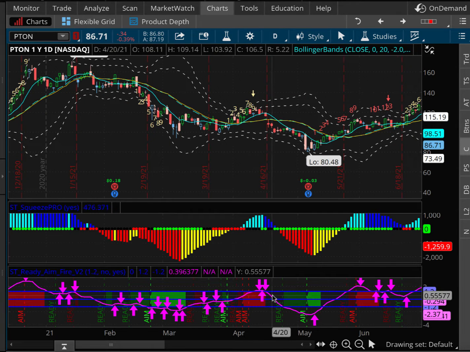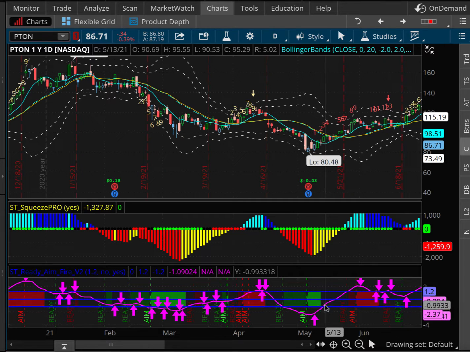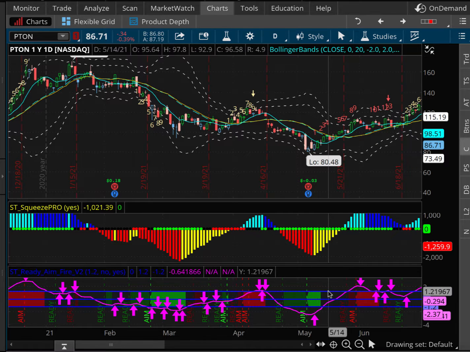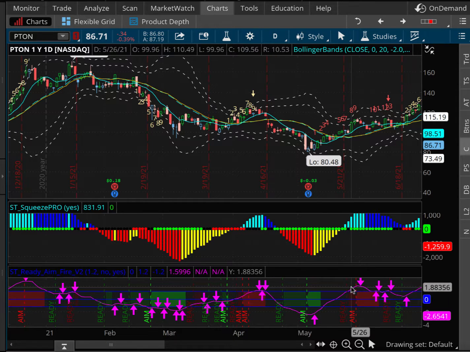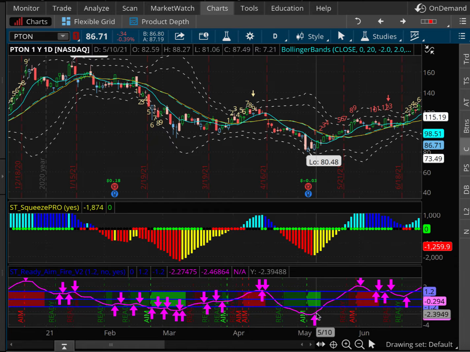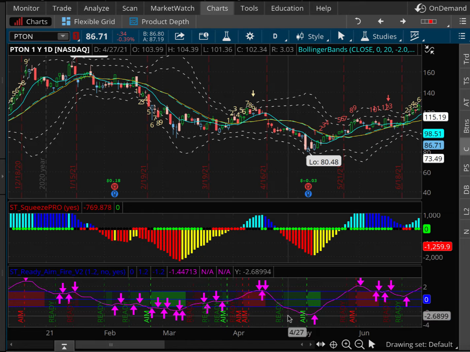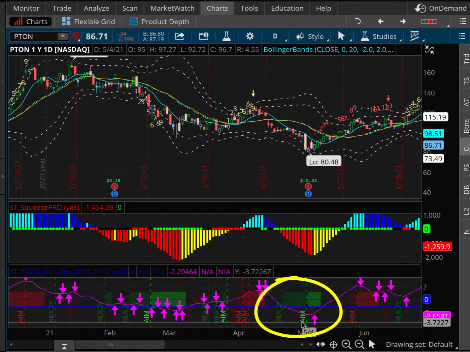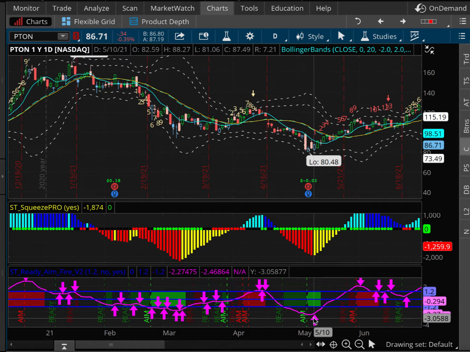One way is the slope of the line. And we do have these horizontal bars which are a lot like the RSI lines. So above a certain level would be overbought, and below a certain level would be oversold. A different way that it indicates this is this ready, aim, and then an arrow.